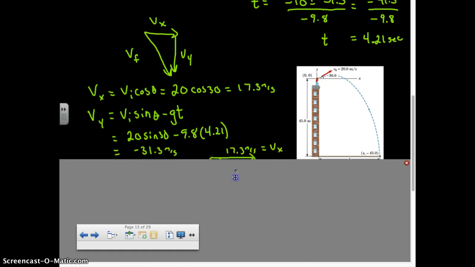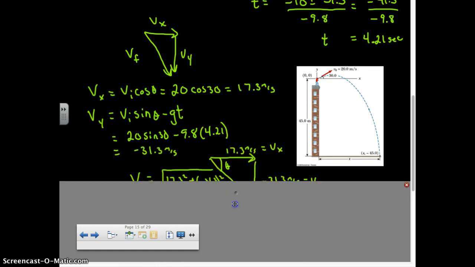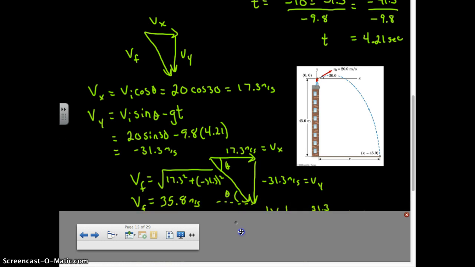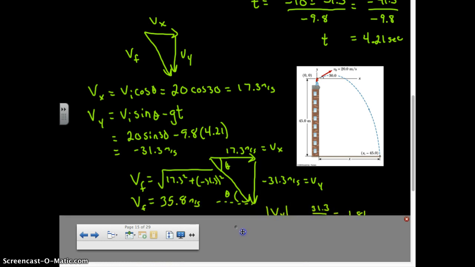So we find that the downward component of the velocity is 31.3 meters per second. Sketching a little triangle, moving this fast sideways and this fast downward, we can combine those two velocities using triangle trigonometry, and we end up with an overall final velocity of 35.8 meters per second.